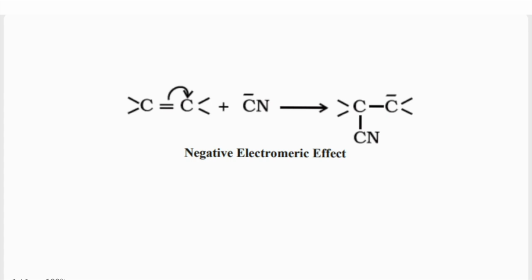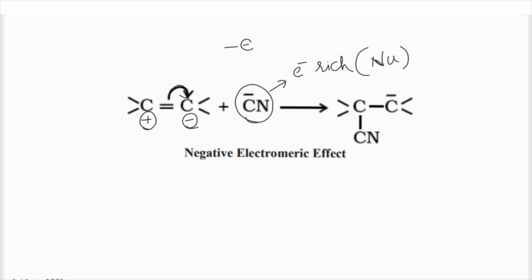The second type is the negative electromeric effect, the minus E effect, where the attacking reagent is CN minus, an electron rich species, that is the nucleophile. A nucleophile is nucleus loving. We observe the shift of pi electrons from one carbon to the other; accordingly, this carbon gets the negative charge and this one gets the positive charge.